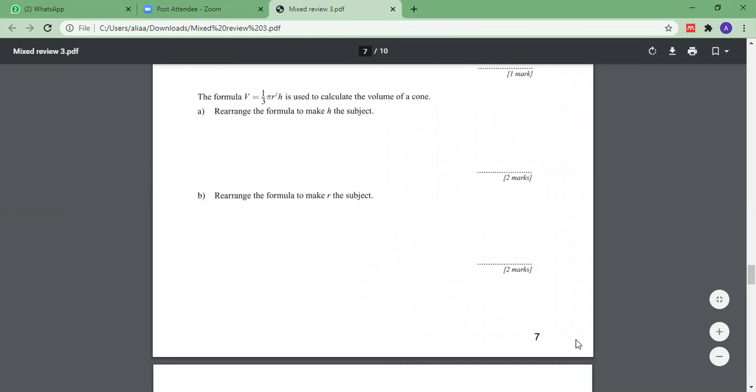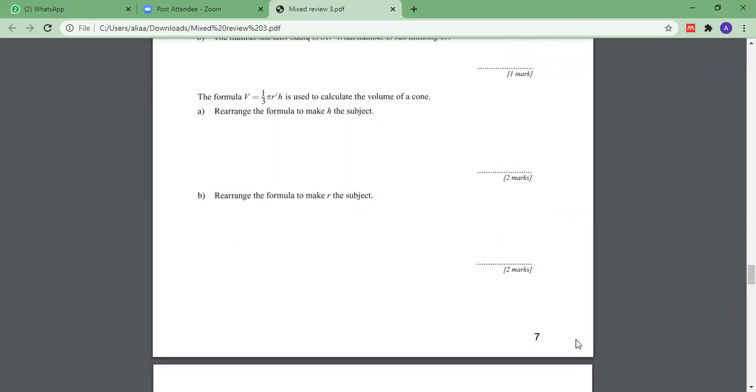Changing the formula. The formula V equals 1 over 3 pi r squared h is used to calculate the volume of a cone. Rearrange the formula to make h the subject. Okay, I will circle h and I move everything to the other side.